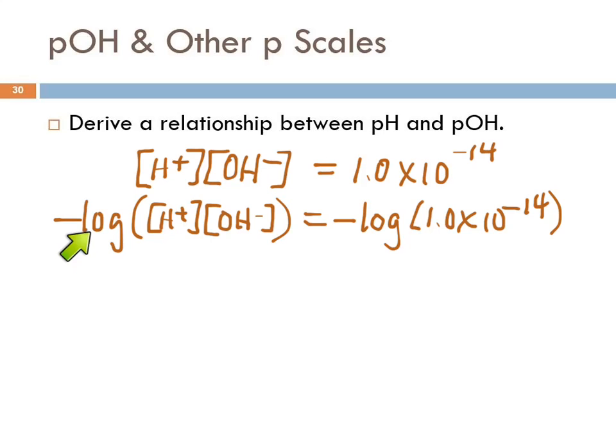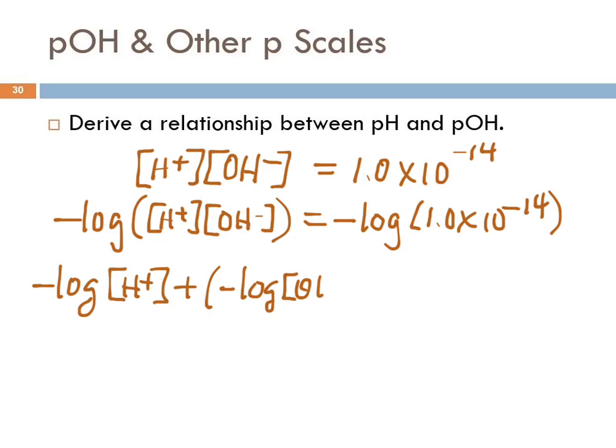When you take the log of numbers that are multiplied, you can separate them by adding. So the log of [H+] times [OH-] is the log of [H+] plus the log of [OH-]. Remember from math class, but this is negative. So this is the same as the negative log of the hydrogen ion concentration plus the negative log of the hydroxide ion concentration. And what's the negative log of 10 to the minus 14? 14. It's 14.